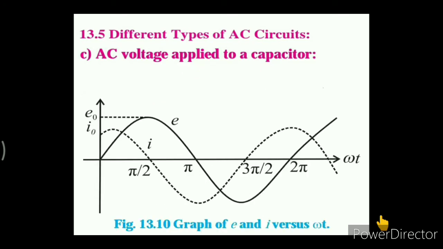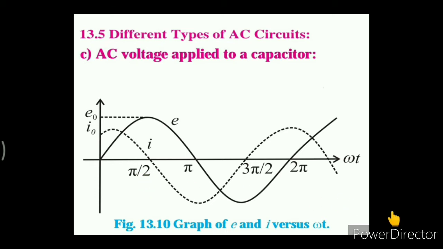Now let's have the graph of E and I versus omega t. From this equation, we find that in an AC circuit containing the capacitor only, the alternating current, which is shown by the dotted line, leads the alternating EMF, which is shown by the solid line. So the current leads the EMF by the phase angle of pi by 2 radian.